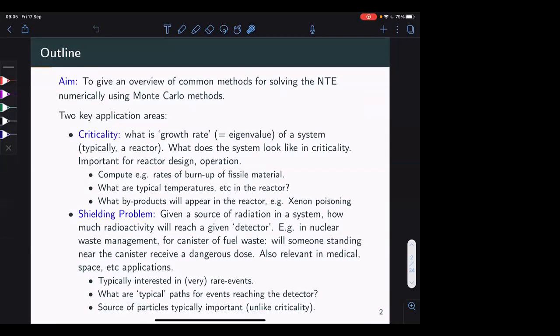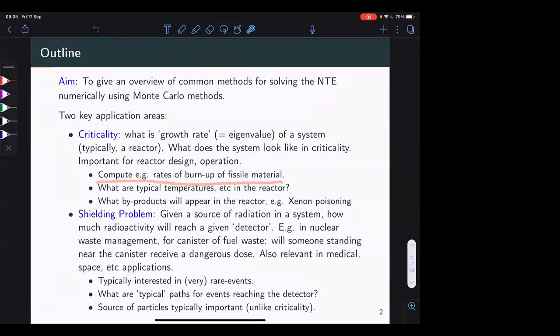If we're running a reactor in a particular state, we want to know what's going to happen to the reactor over time, and what the system looks like in criticality. This corresponds to a stationary state of the Markov process, if you think of it as a stochastic process.